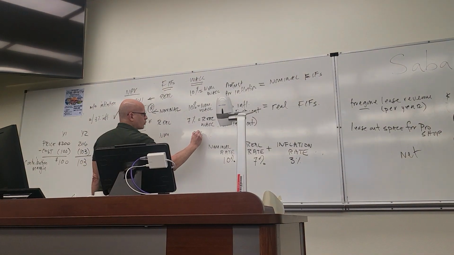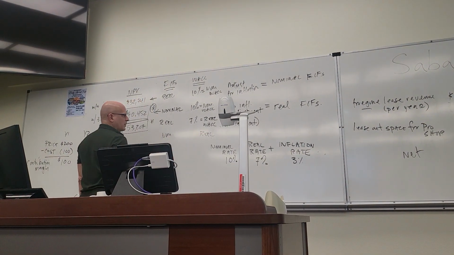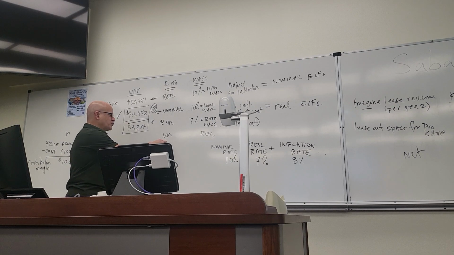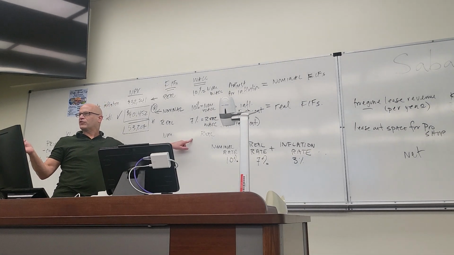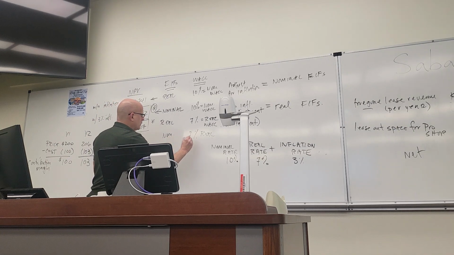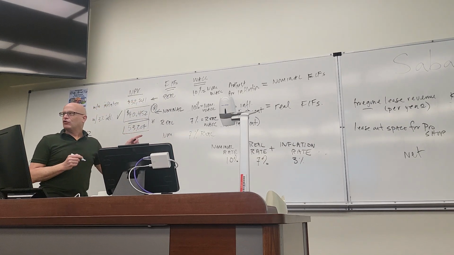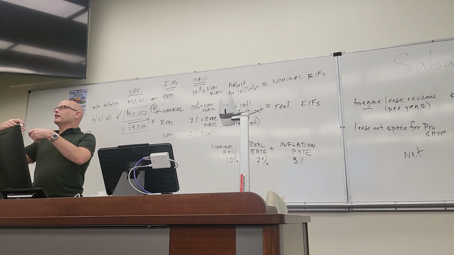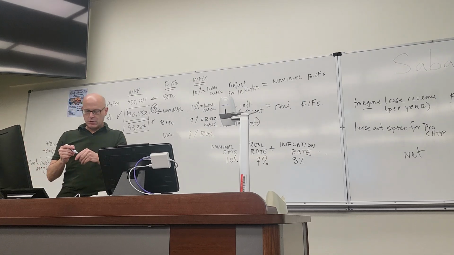Yeah, so nominal cash flows, and then a real discount rate. Our cash flows would be higher because of inflation. Our discount rate would be lower because we stripped out inflation. So we use 7% here. That's probably gonna make this too large. It's probably gonna expand the NPV way more than it should.